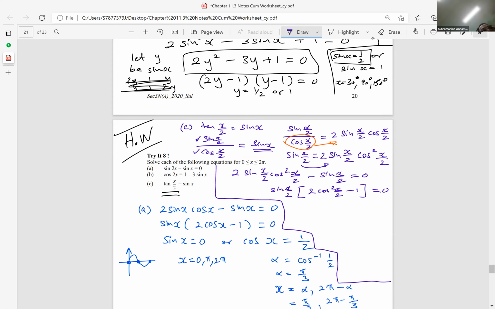So far, okay? Then, based on the zero product rule, I have sine x over 2 equal to 0, or this one I try to simplify. So I bring the 1 over, the half over, then become square root plus minus equal to cosine x over 2. Can? So far, so good.